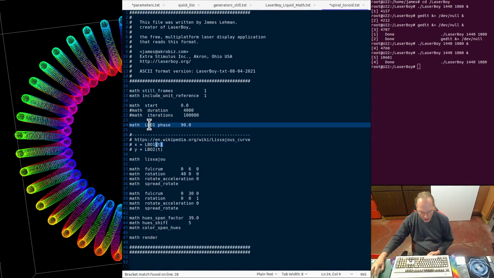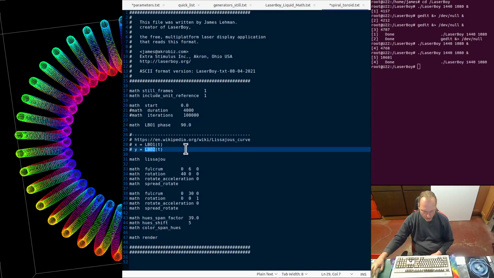Okay, if an LBO is the sine function and we add 90 degrees to its phase, it becomes the cosine. All right? So we've got LBO1, which is cosine, and we've got LBO2, which is the sine function by default. So we're going to call a generator called Lissajous.